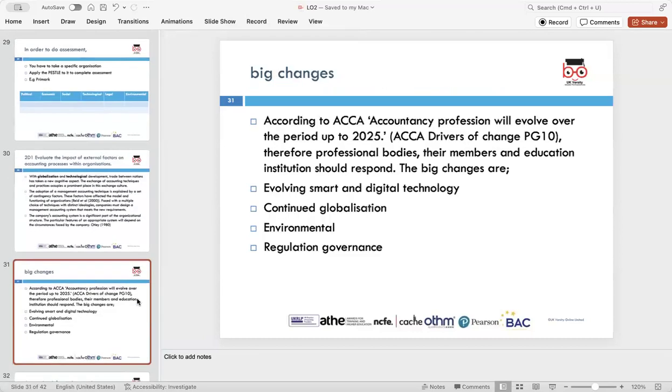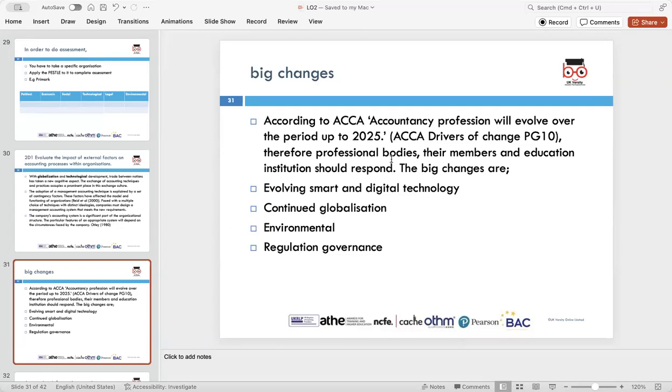Then, based on ACCA's drivers of change, page 10 report, it is said that the accounting profession is expected to undergo significant changes in the years leading up to 2025.